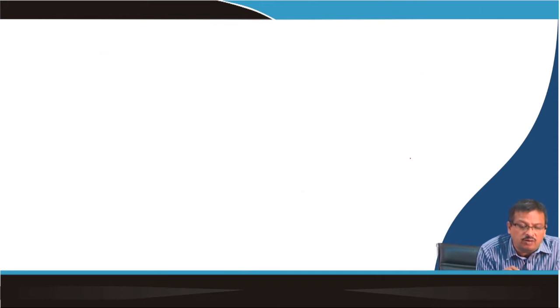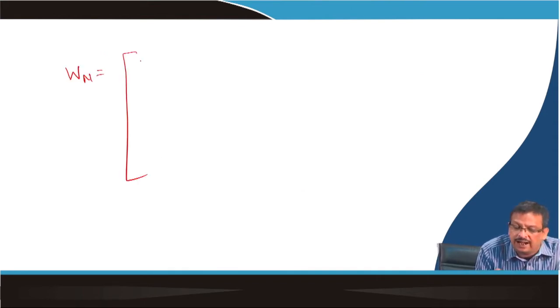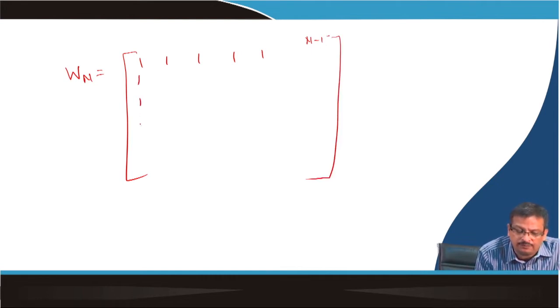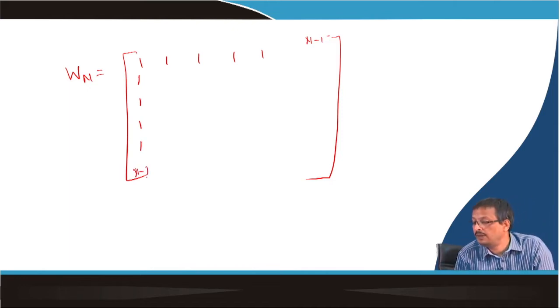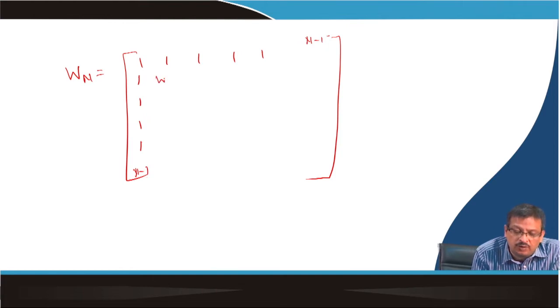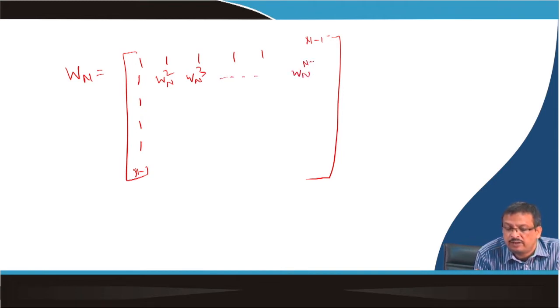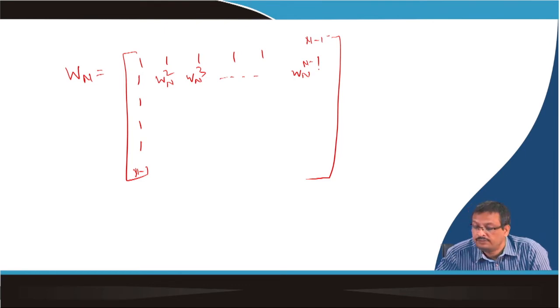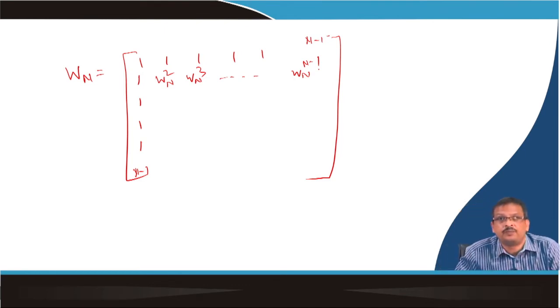If I want to write down the W_N matrix, this side I have 1, 1, 1, N number of elements. And this side, the first column will be N number of 1s. The second column will be W_N, W_N square, W_N cube, up to W_N to the power N minus 1. Okay or not?